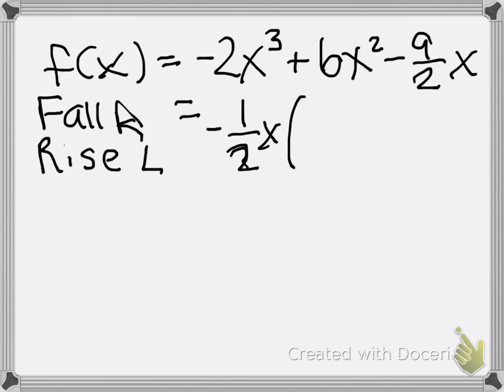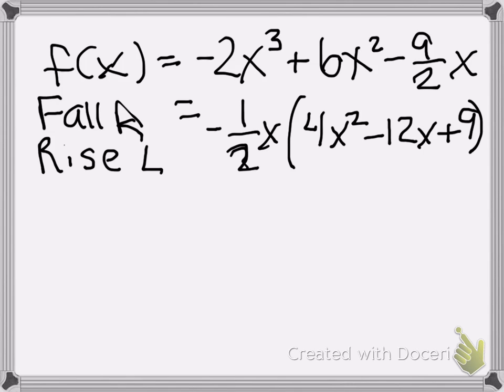If I factor out a -1/2 from -2, that's really -2 times -2, which is just 4, and then we're taking the x out, so that's going to be 4x squared. Then it's going to change the sign of our positive 6x to a negative, and that's going to become 12x. Then we're going to multiply the 9/2 times 2, and it's both negative, so that comes out as 9.